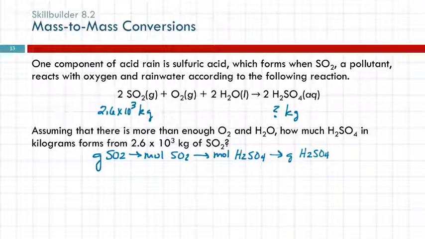There's different ways to approach doing this problem. I'm going to do what I think is the most straightforward for you. So we're going to start with kilograms of SO2, convert it to grams. And then at the end, they're asking us for kilograms of sulfuric acid, so we have to convert back from grams to kilograms.